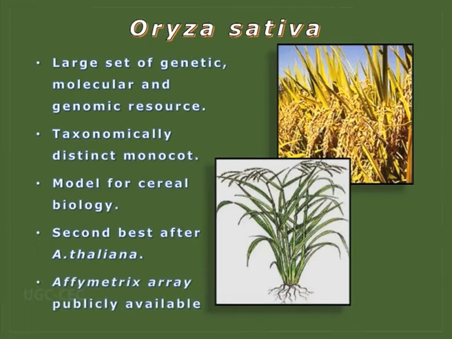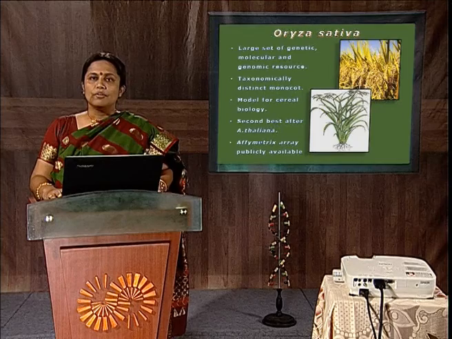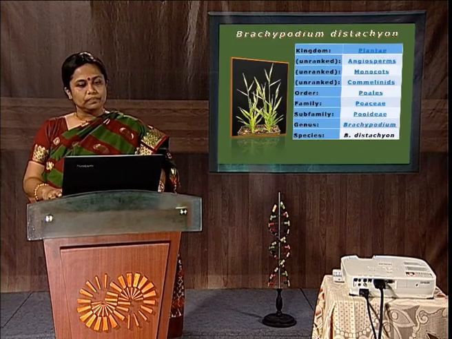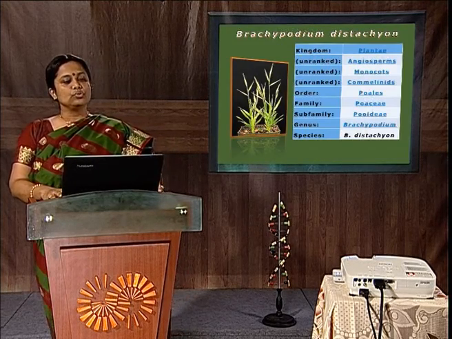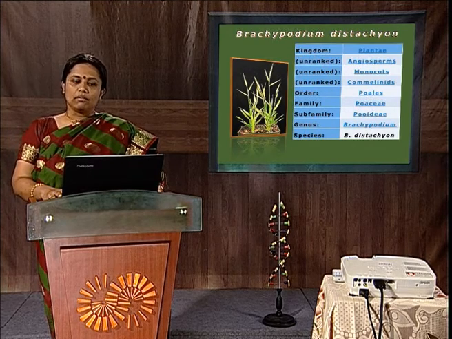As we all know, Arabidopsis thaliana is the most popularly used model plant for studies on plant systems, and Affymetrix arrays are publicly available for Oryza sativa, which again makes it a most suitable candidate as a model organism.